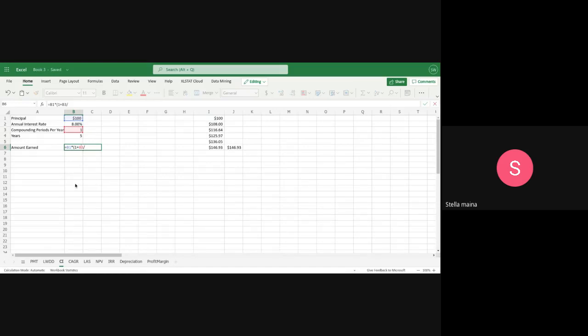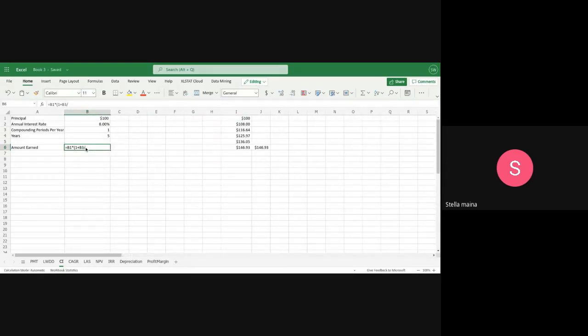So this should be B2 divided by B3, close that bracket, raised to the power of the compounding period per year multiplied by the number of years.